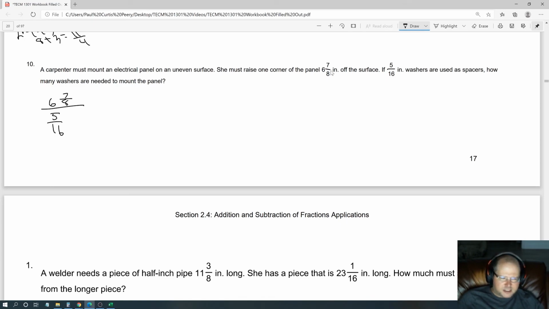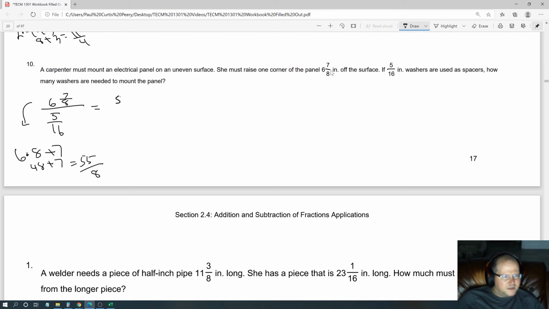If you have a calculator, just plug it in, push enter, should be fine, no big deal. If not, you probably want to convert your mixed numbers to improper fractions. So you're going to say 6 times 8 plus 7. 6 times 8 is 48, 48 plus 7 is 55, and we stick it over the old denominator of 8.